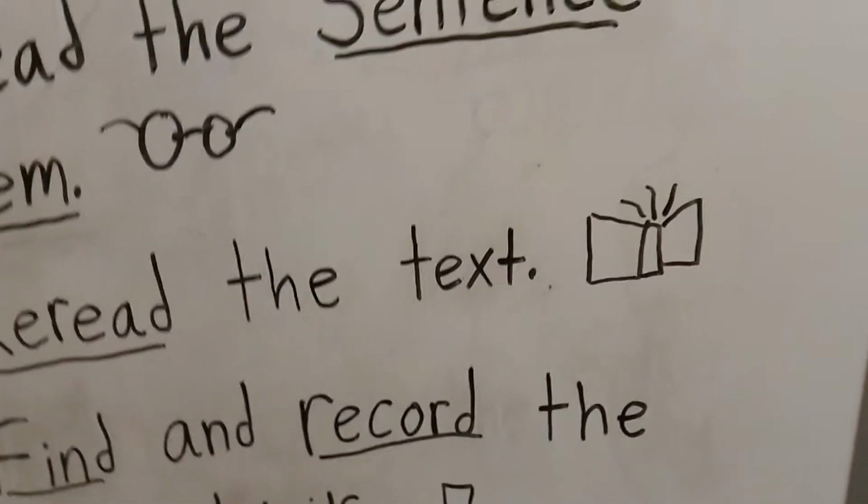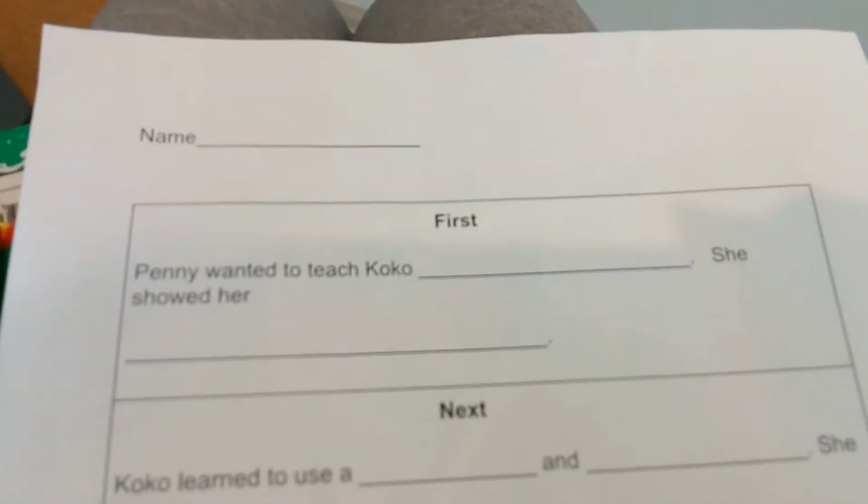Attached to your Google Drive in your classroom, you will have a chart just like mine. In this chart, you can see I have my sentence stems, which are my incomplete sentences that we need to fill in. And I have my transition words, first, next, then, last, to help me order my events.